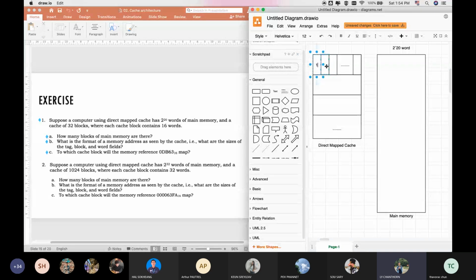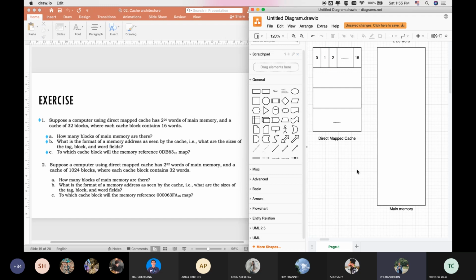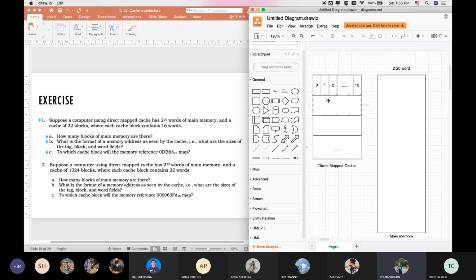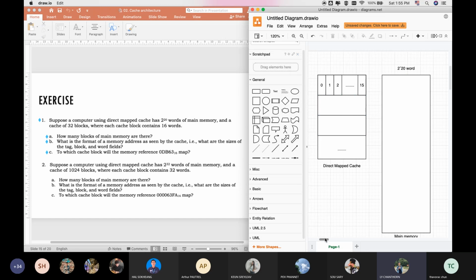So here I mark it 1. No, it should be indexed from 0, 1. Here is 1, here is 2, and here is 15. Because we have 16 words inside one block. And here is our block. So our cache has 32 blocks.